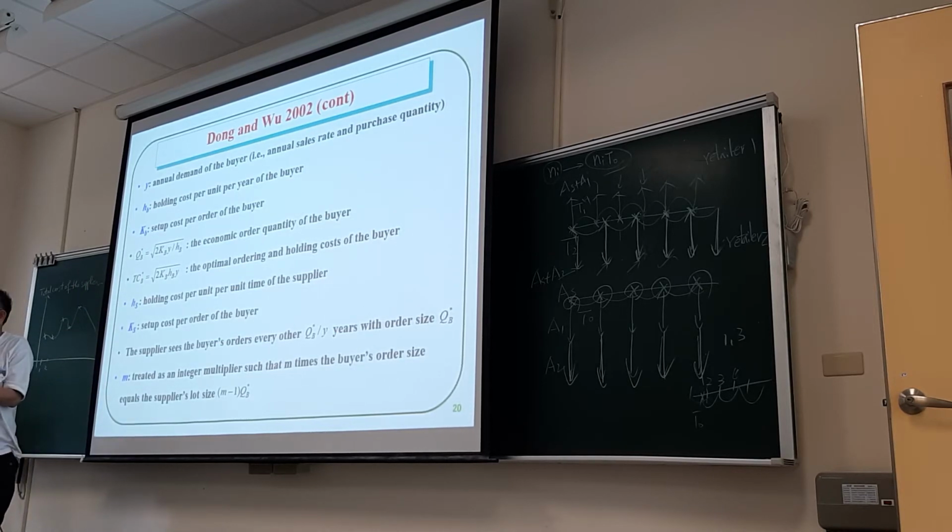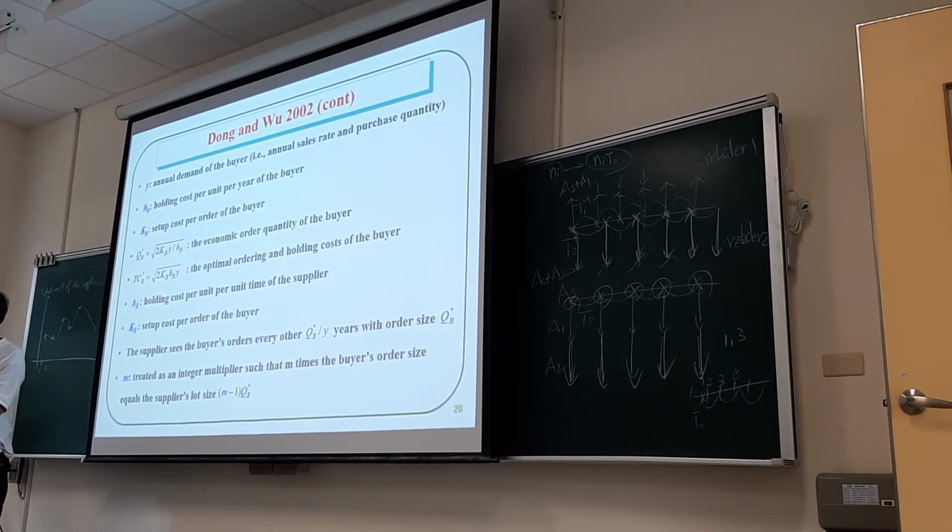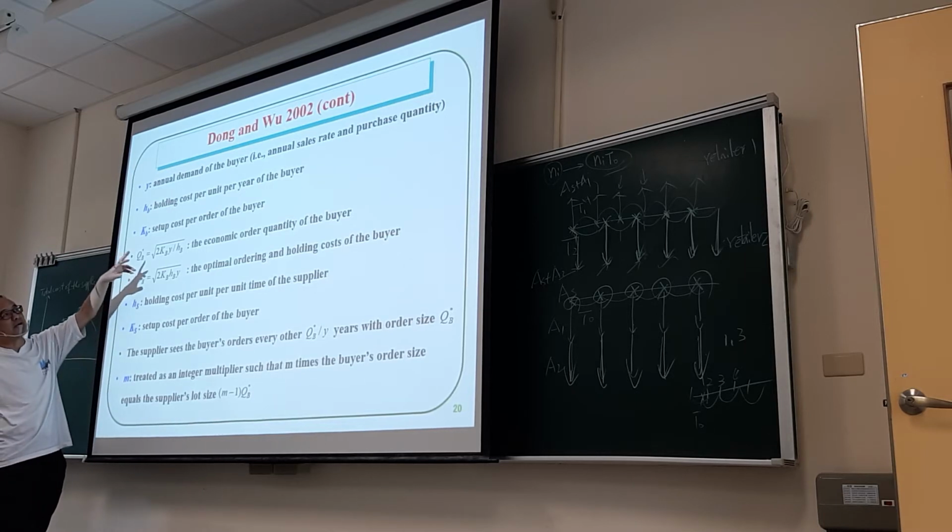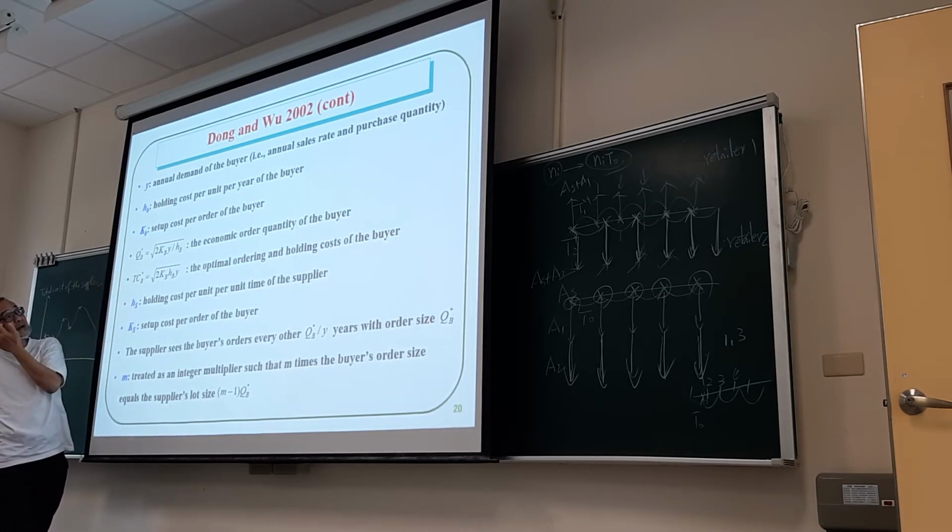Unlike the EOQ model, where capital D is defined as demand, Y is a variable, which may be influenced by the order quantity or the purchase price. So Y, annual demand of the buyer, is still constant, but it's a variable. HB is the holding cost per unit per year of the buyer, and KP is the setup cost per order of the buyer.